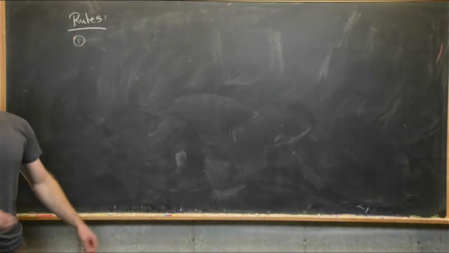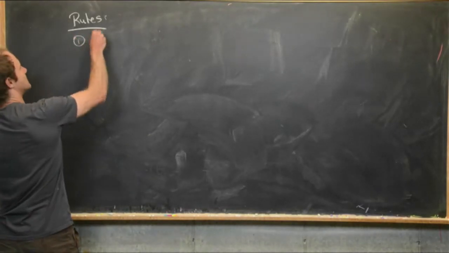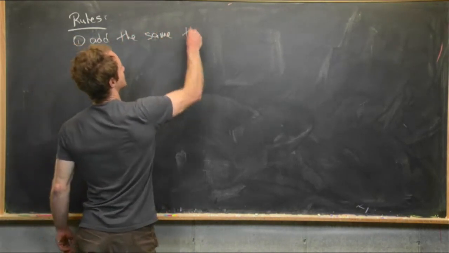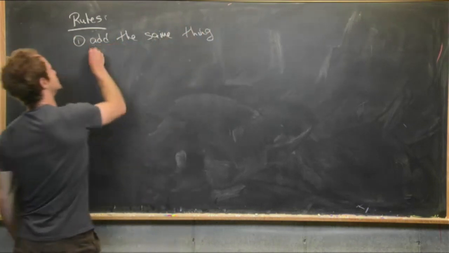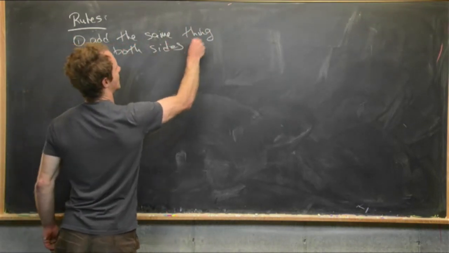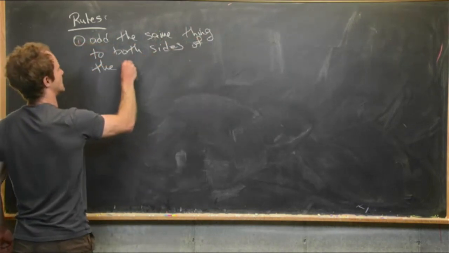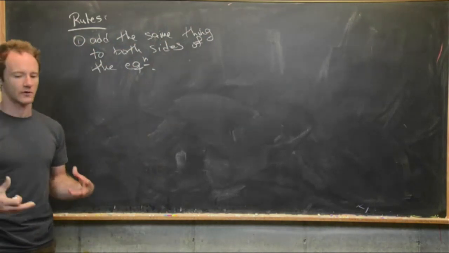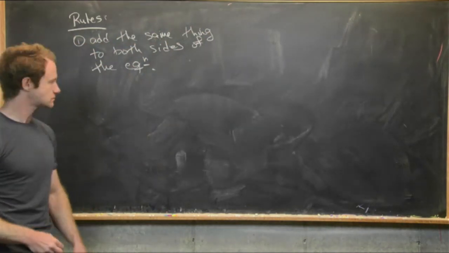The first rule is you can add the same thing to both sides of the equation. What I mean is that you can do that and it does not change the overall meaning of the equation.